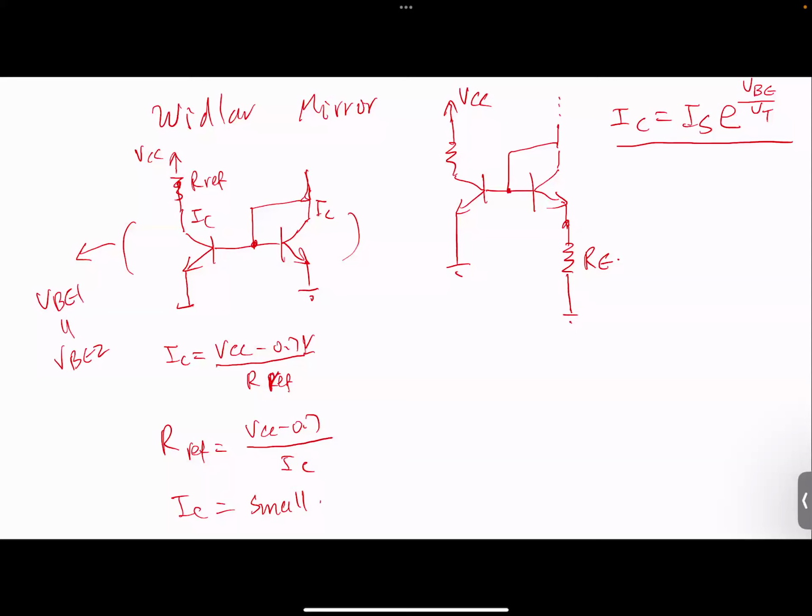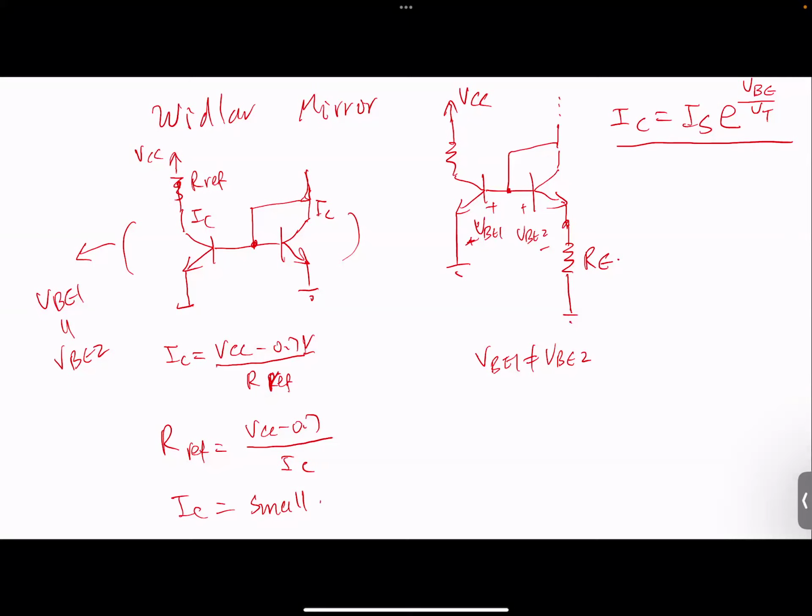But in this case, they are not the same. Why not the same? Well, we don't really know, but they're probably not going to be the same because there's a resistor over here, and that is connected directly to ground.